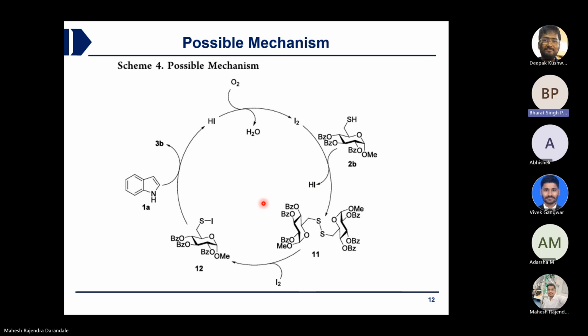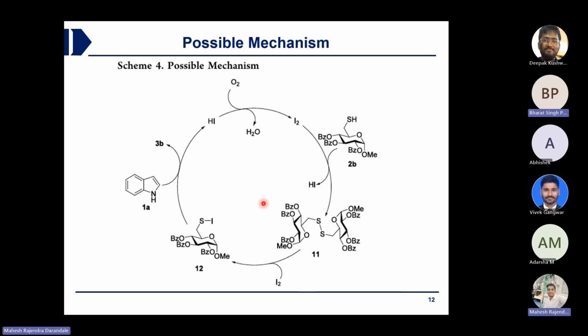In the mechanism, when you start with the 2B with the iodine I2, I think the product will form the 12. But since the necessity of acid will be more, it will form disulfide. They are starting from 2B and getting 11.